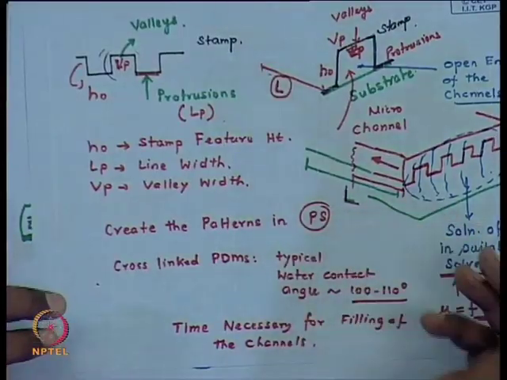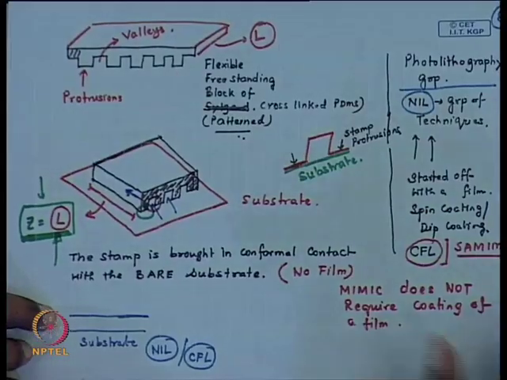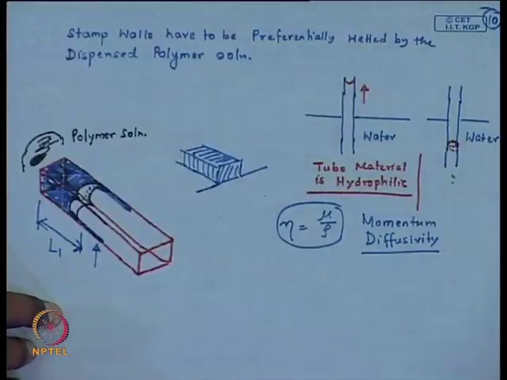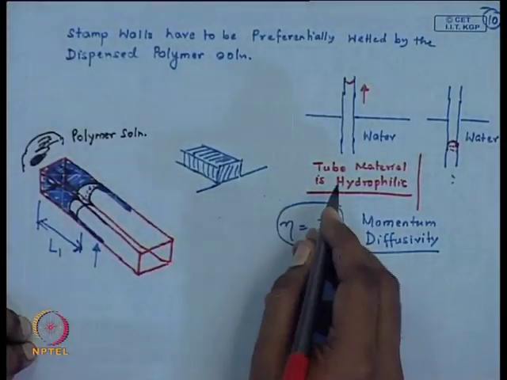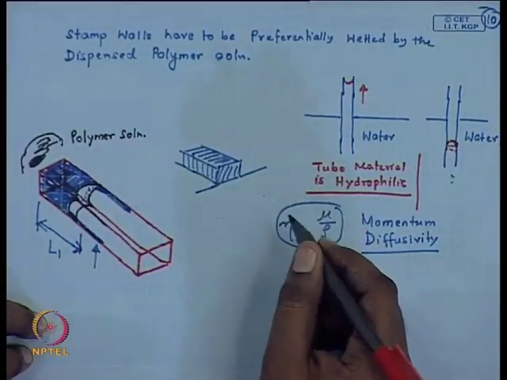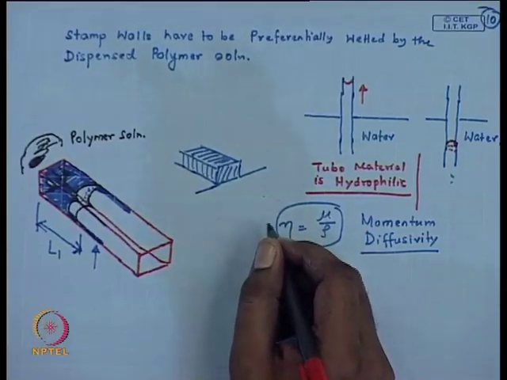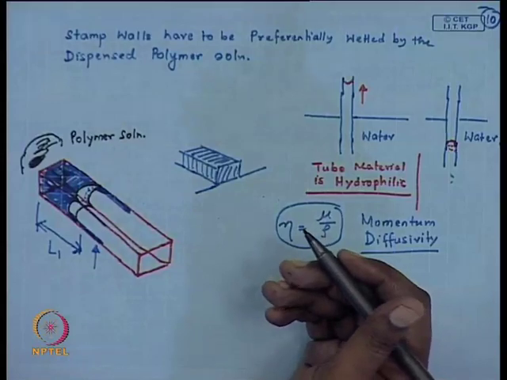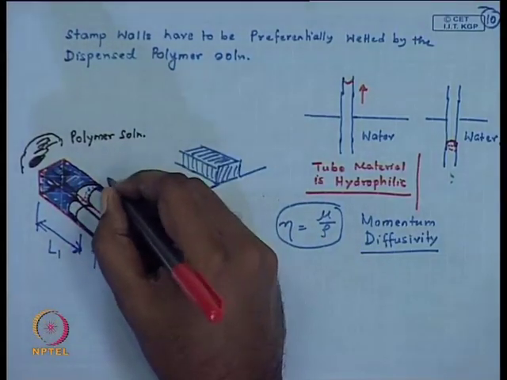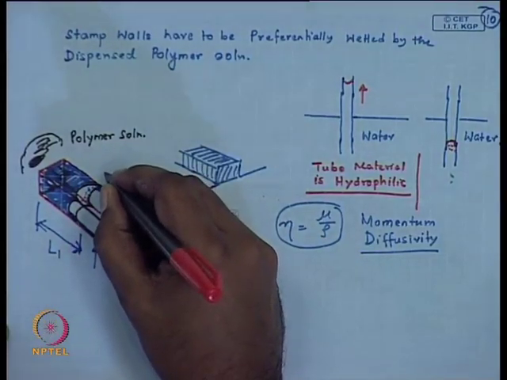But if you have an extraordinarily long length which has to be filled, do not forget that the only driving force you have is essentially a passive mechanism, that is the capillarity. Because of viscous dissipation, there is significant loss of energy as the liquid fills up these channels.